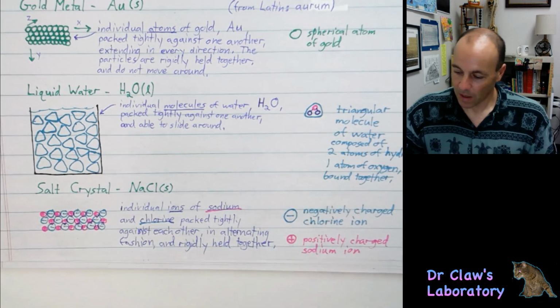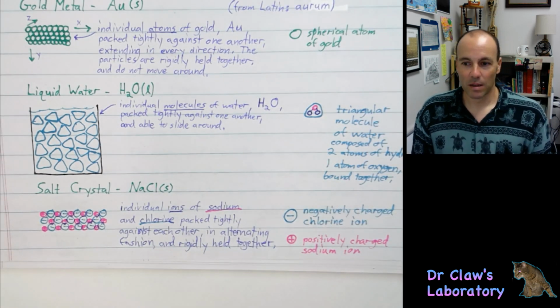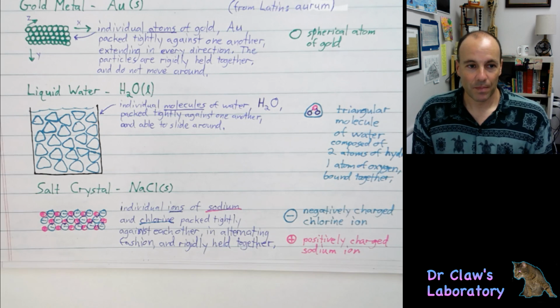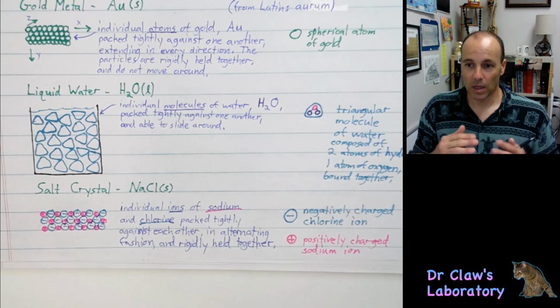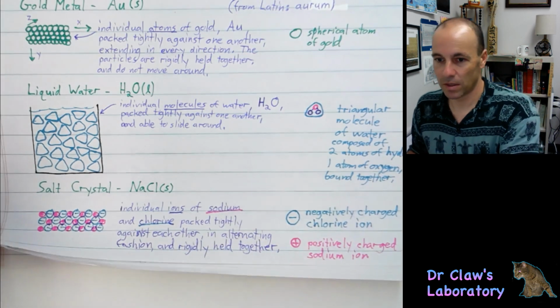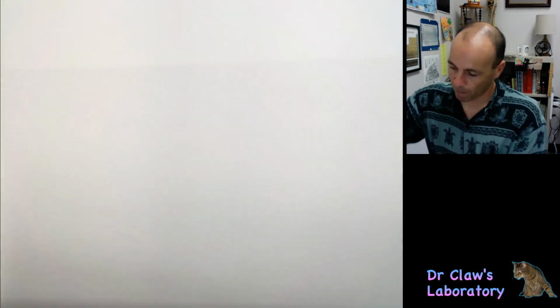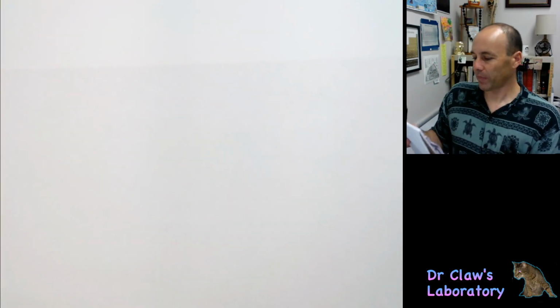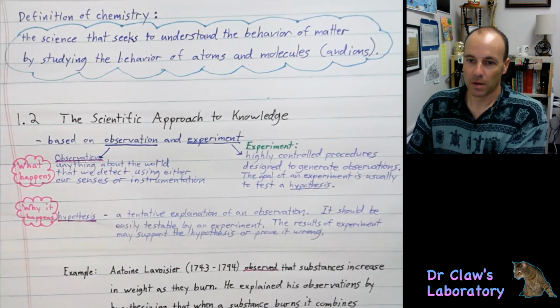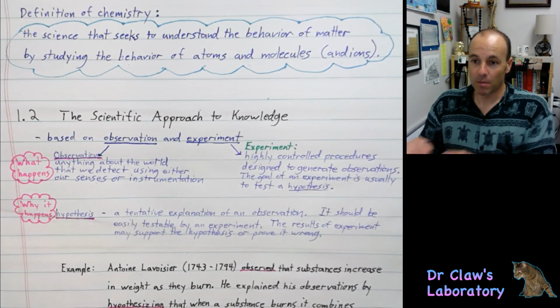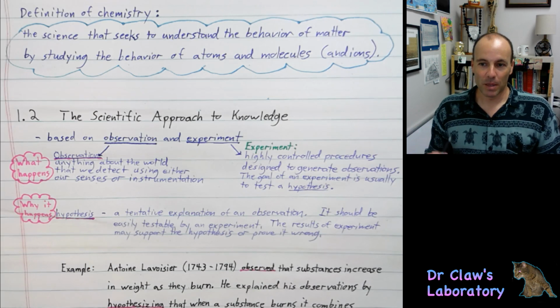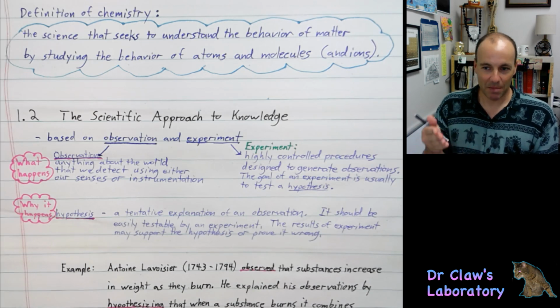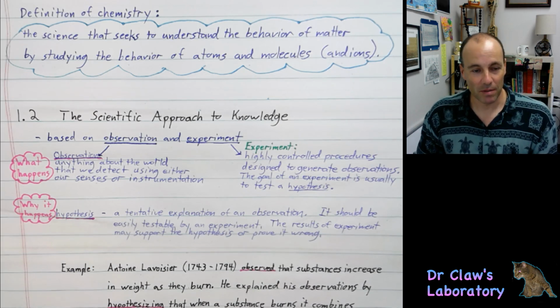Okay. Now, the other main idea in the introduction and in section 1.1 is that the behavior of all matter is really determined by the behavior of the tiny particles that it's composed of.